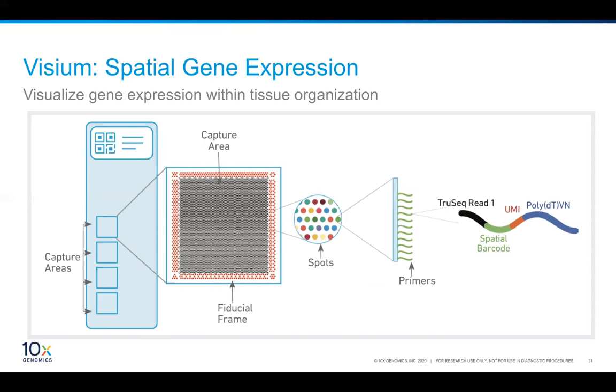Similar to how it is used in a single-cell gene expression assay, the UMI is to tag each unique cDNA that is synthesized from each polyadenylated RNA molecule. Depending on the tissue type and the native cell size, the current design configuration allows you to obtain unbiased transcriptomes from 1 to 10 cells per spot.